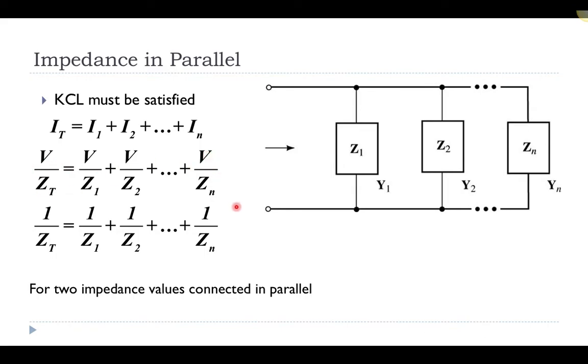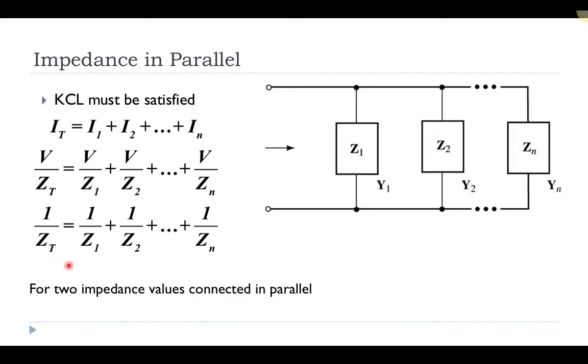So those voltages would cancel out, and I find that impedance values connected in parallel add as the reciprocal. So I could add all of these impedance values together as the reciprocal, and it would tell me what the total equivalent impedance value is, or the reciprocal of that value.